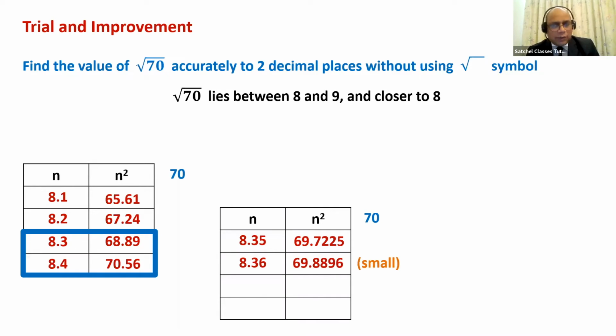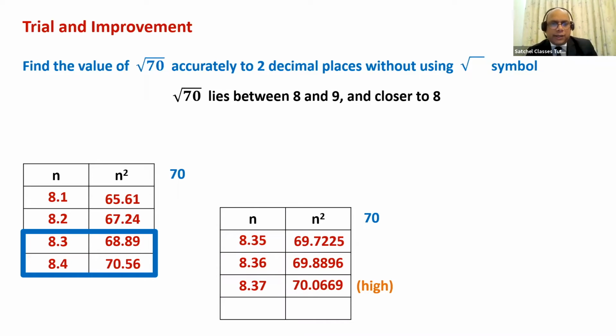It is still smaller than our target value, which is 70. So let's increase to 8.37. What's 8.37 squared? Now it has exceeded 70, 70.0669, which means your answer is either 8.36 or 8.37 because now you have reached the upper bound.